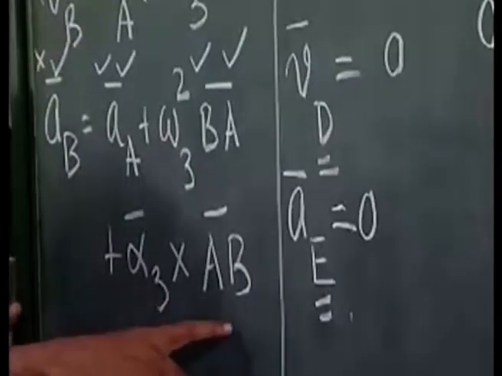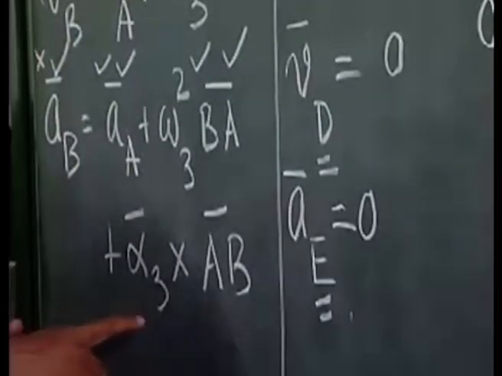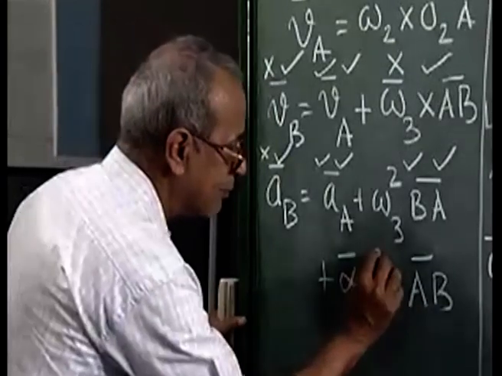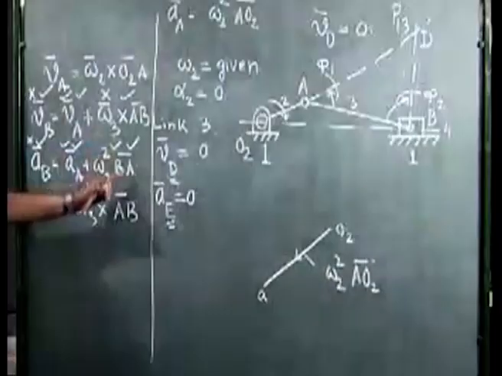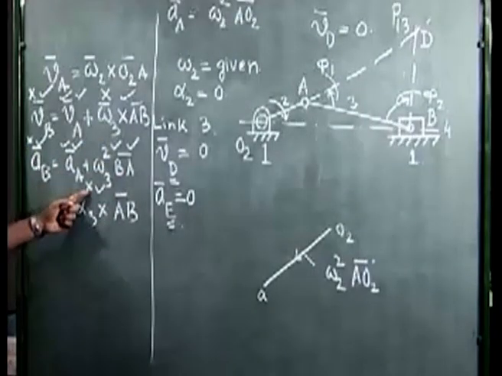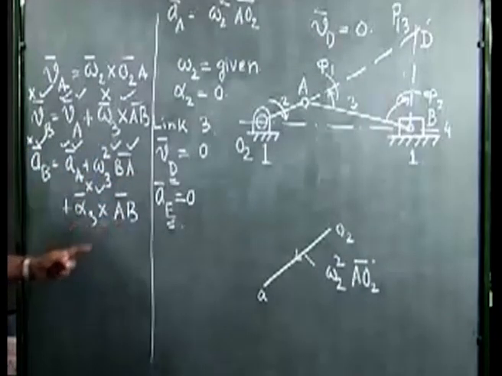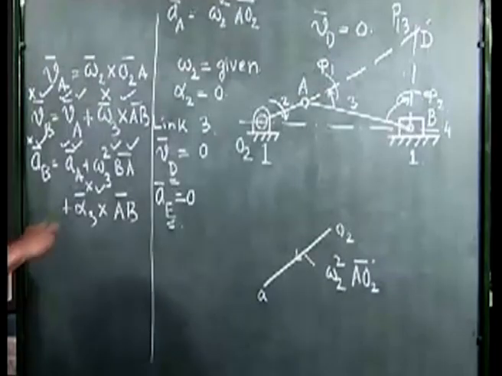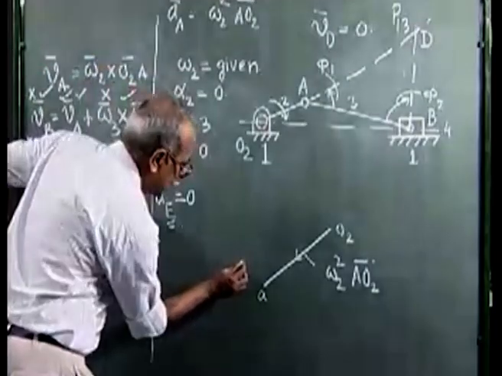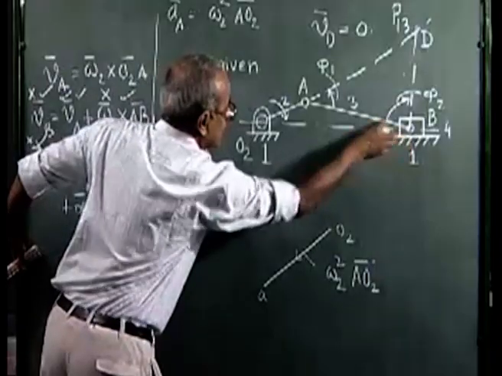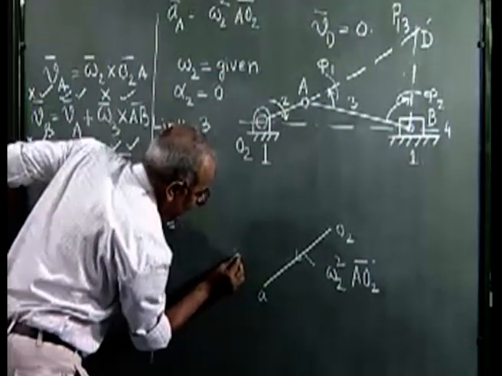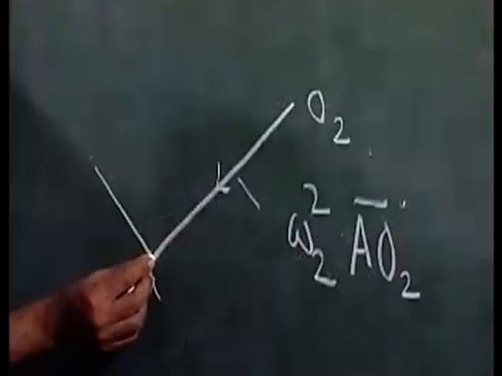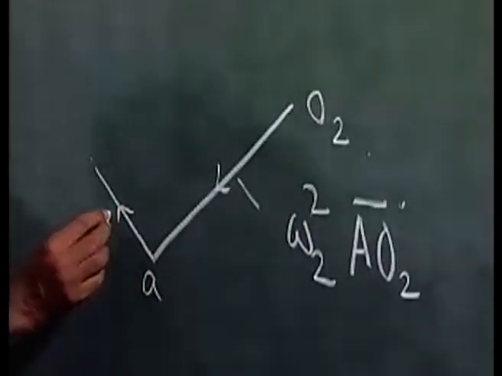Alpha 3 cross AB, I know the direction because it is perpendicular to the vector AB, but I do not know the magnitude. So in this vector equation, again we have two unknowns, so we can complete this vector equation in the diagram. First we draw omega 3 squared BA, that is parallel to this vector BA from A. Let it be so much to the same scale.